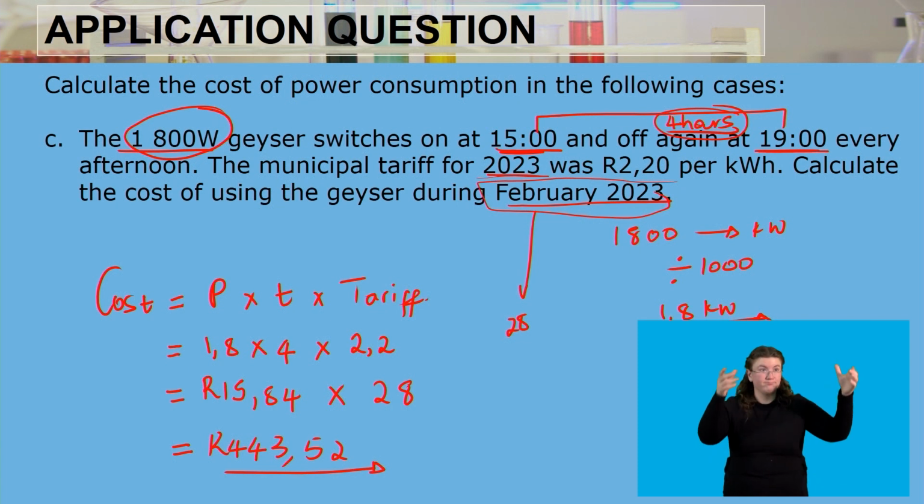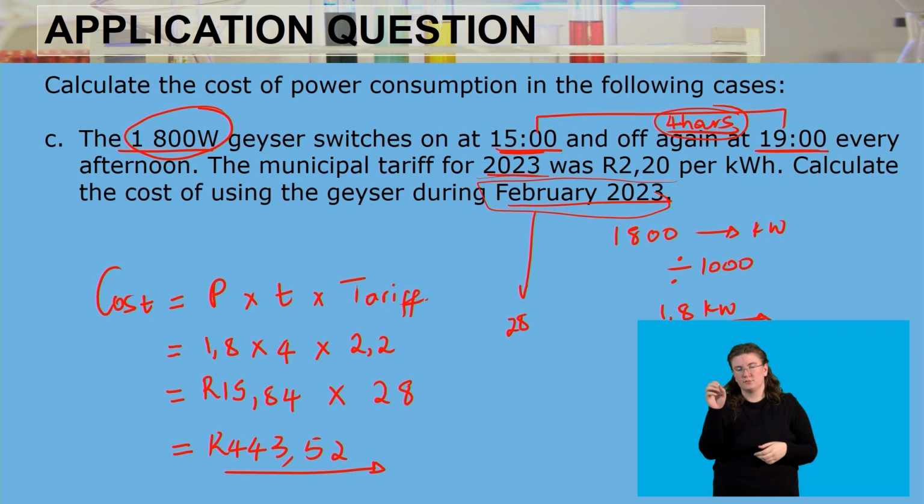You using this geyser that has a power rating of 1,800 watts or 1.8 kilowatts, and using it for 4 hours every day, and the assumption is the municipality was charging you 2 rands and 20 cents per kilowatt hour on tariff.